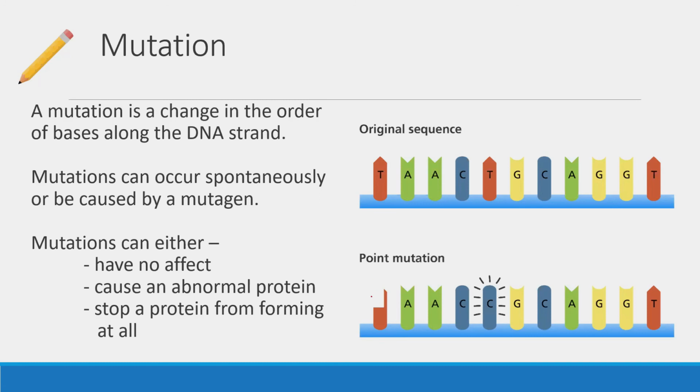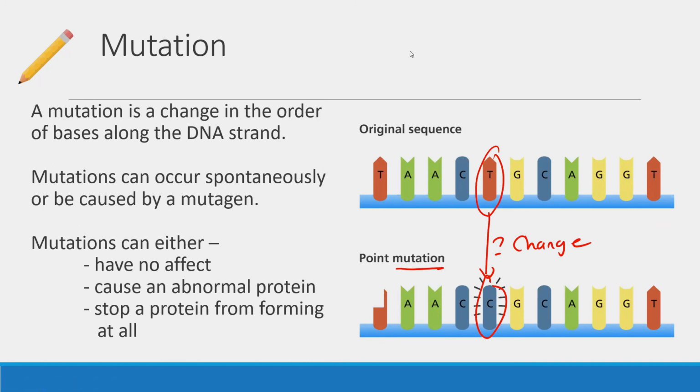On the bottom, we've got TAA, CC. As you can see, instead of this being a T, it's actually a C. So that means that there has been a mutation, meaning, as Zane said at the very start, a change in the DNA.